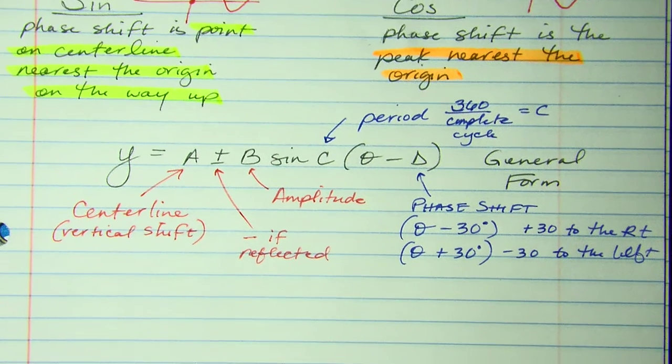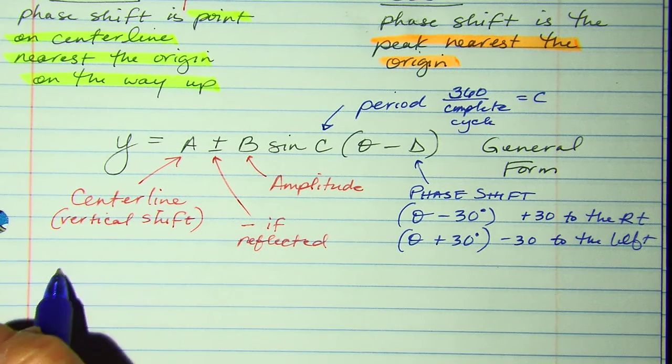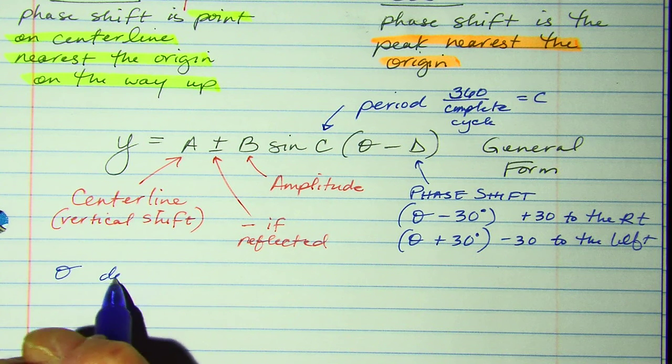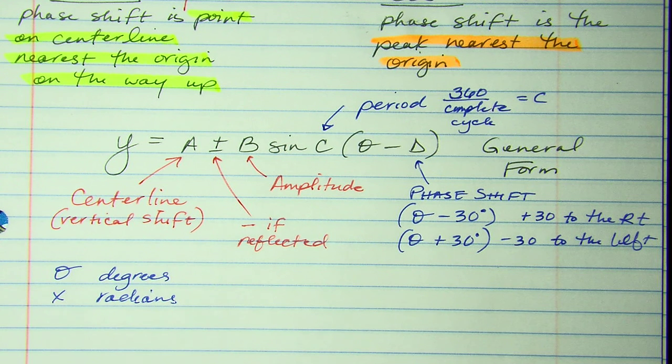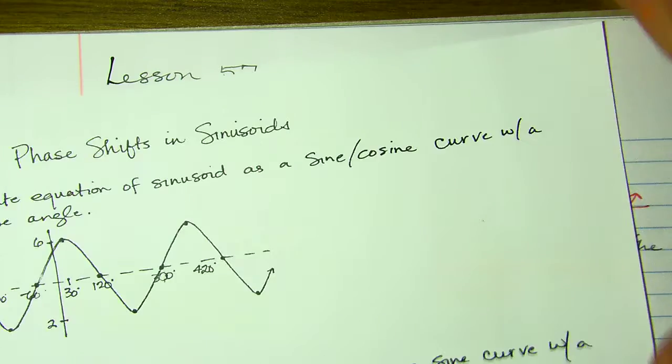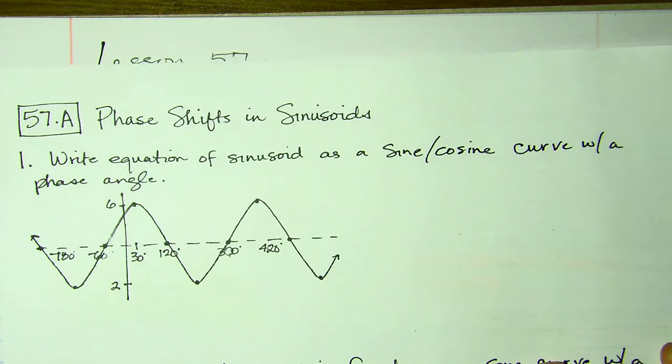Now, really quick, remember it's theta if our graph is in degrees, and we use x if our graph is in radians. Okay, so I'm going to do some examples with you so this doesn't look like a bunch of gibberish. Okay, so here is the first one.